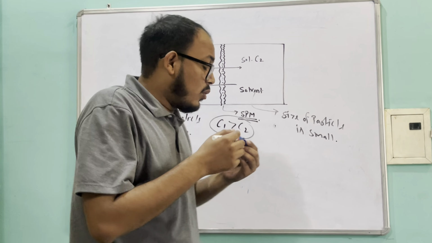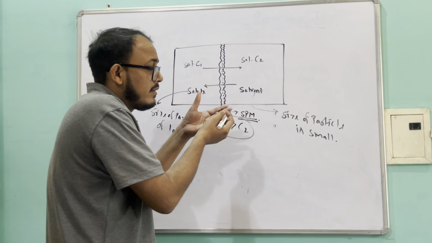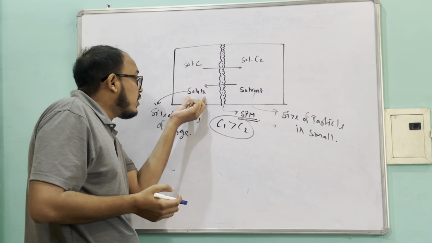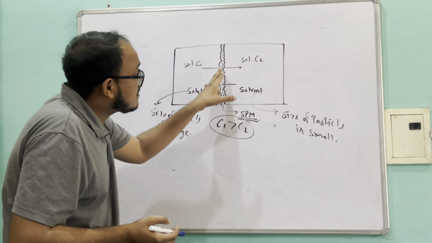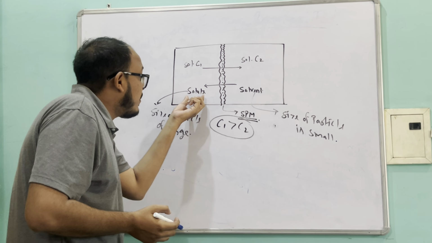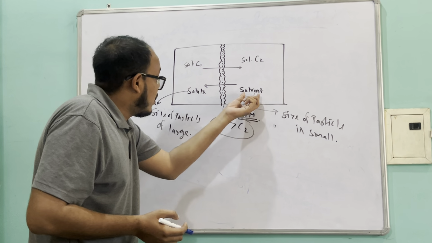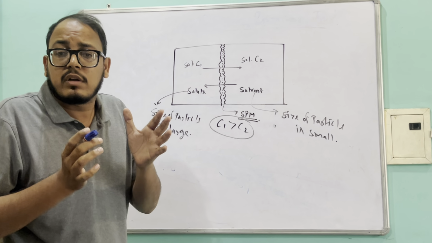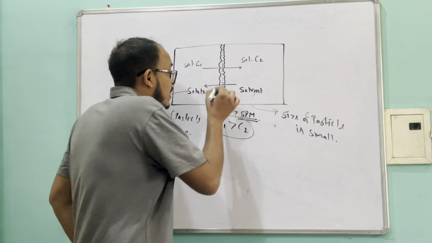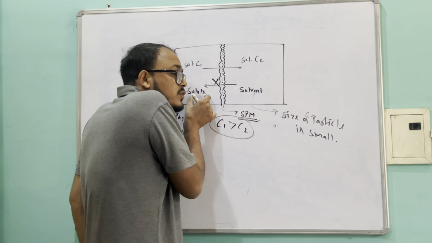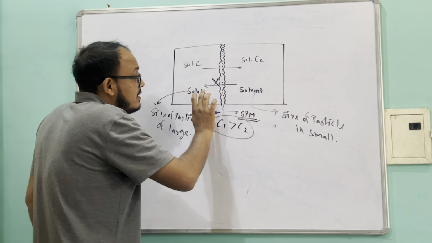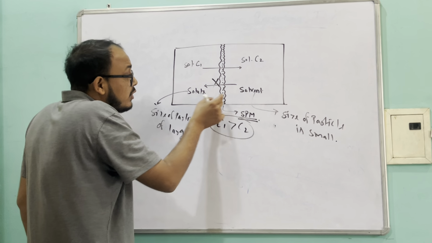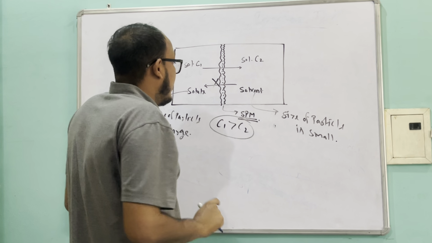So which process is done? We know that the solute particle size is very large and the membrane has very small pores. So is the movement of particles from solute to solvent possible or not? That is not possible, because the size of the solute particle is large.